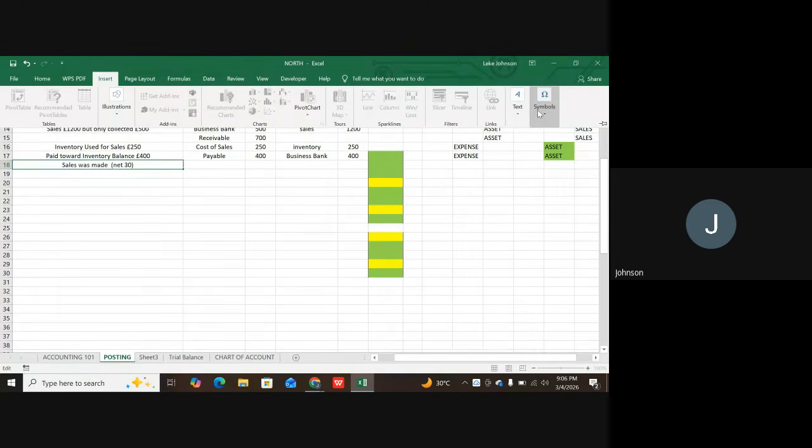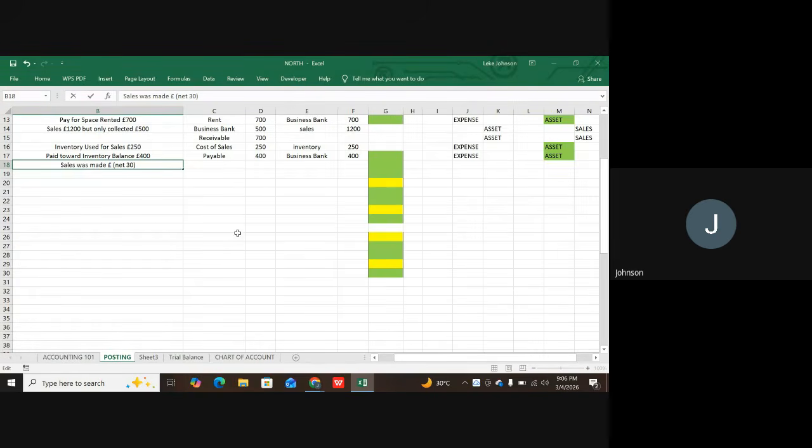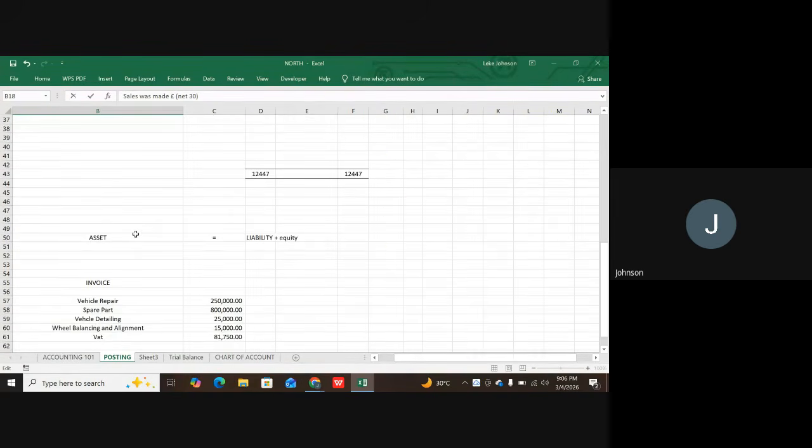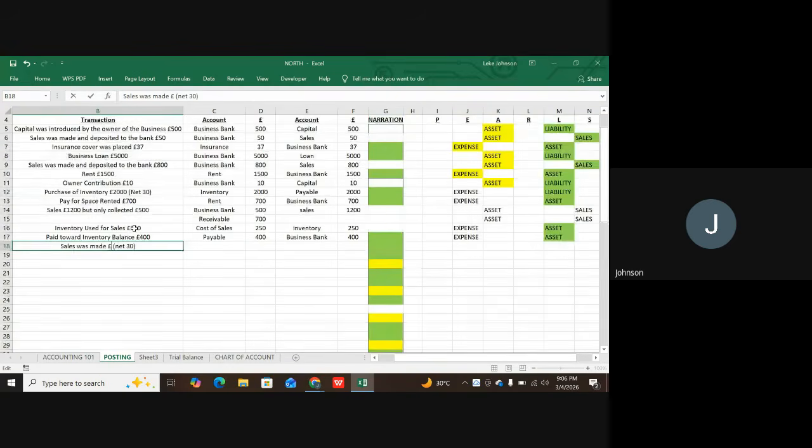So sales was made, and how much is the sales that was made? It is 1,171,750.